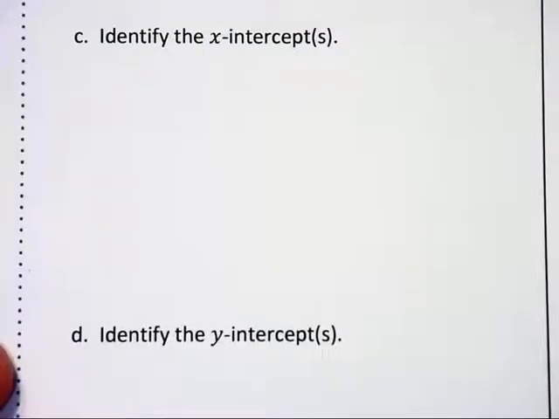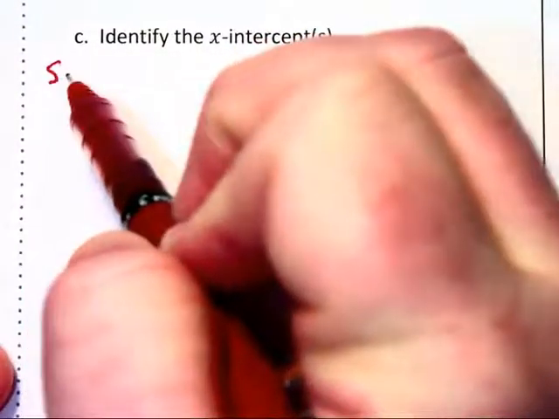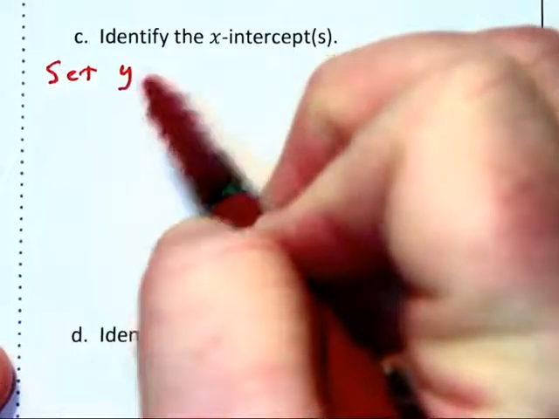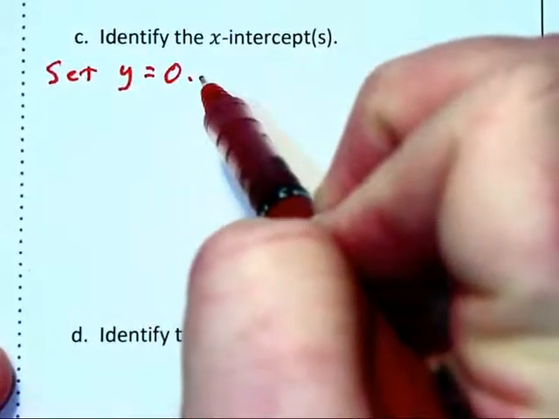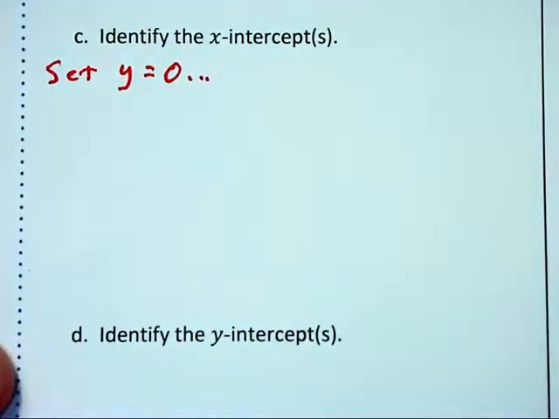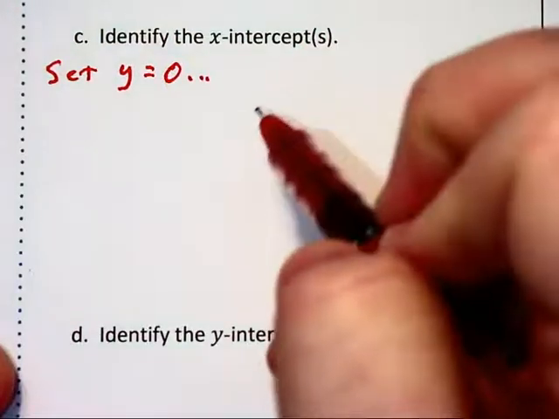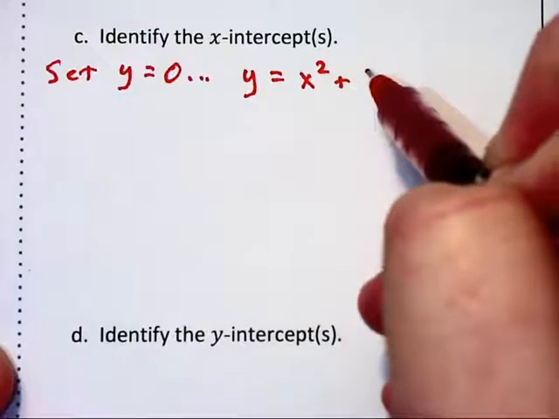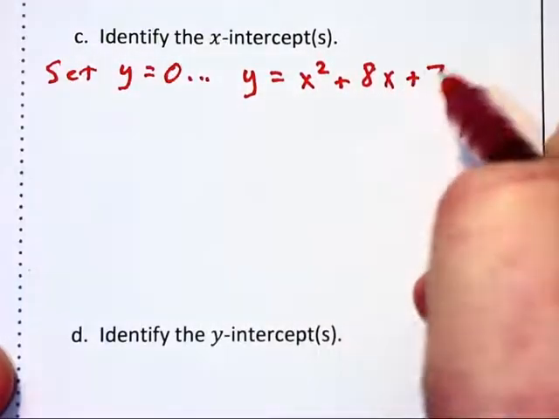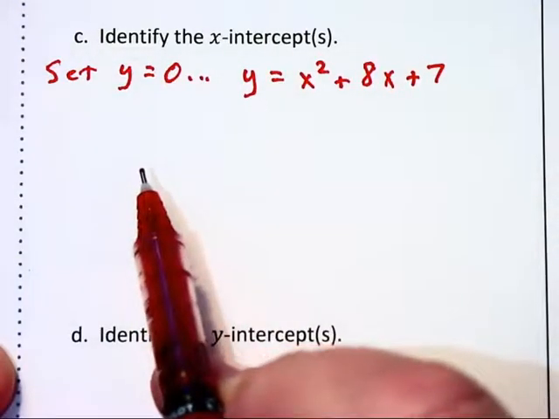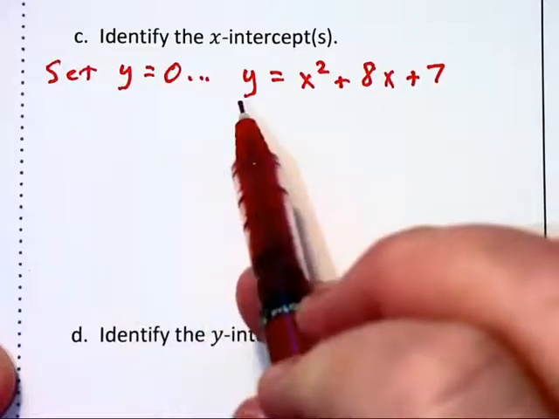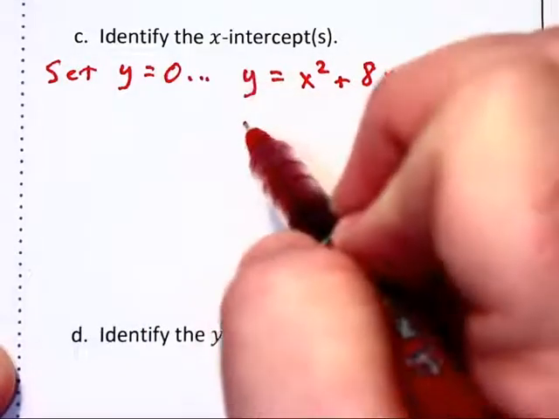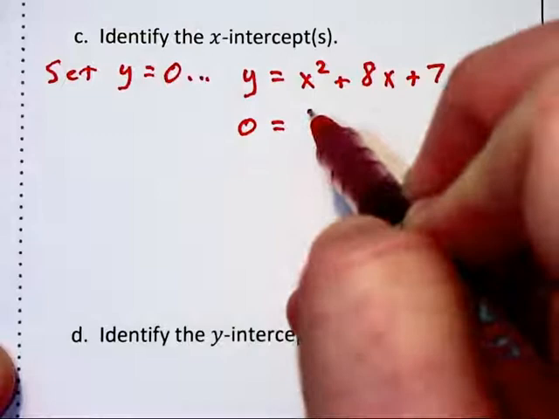To identify the x-intercepts, we want to set y equal to 0. Now we can do this either in the original form we were given, which was y equals x squared plus 8x plus 7, or we could substitute it into the completed square form. It's much easier doing it this way here because the expression on the right is factorable.